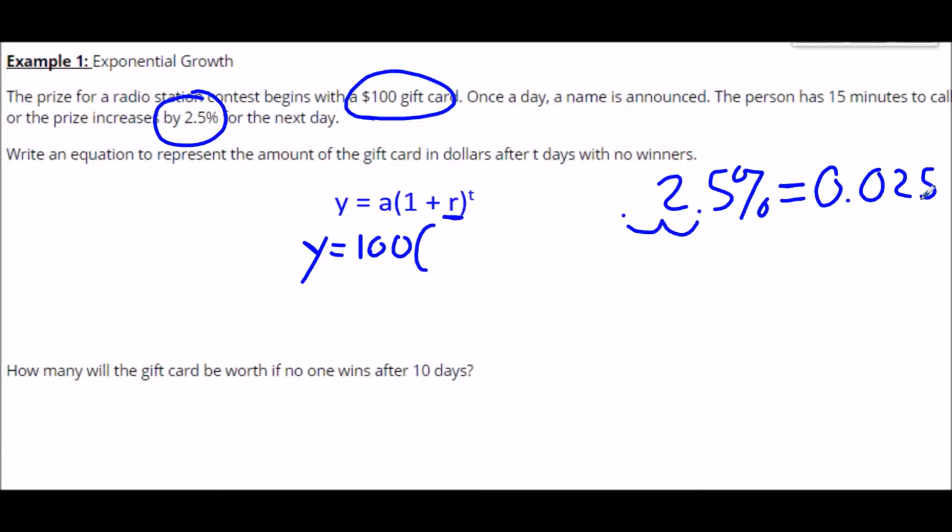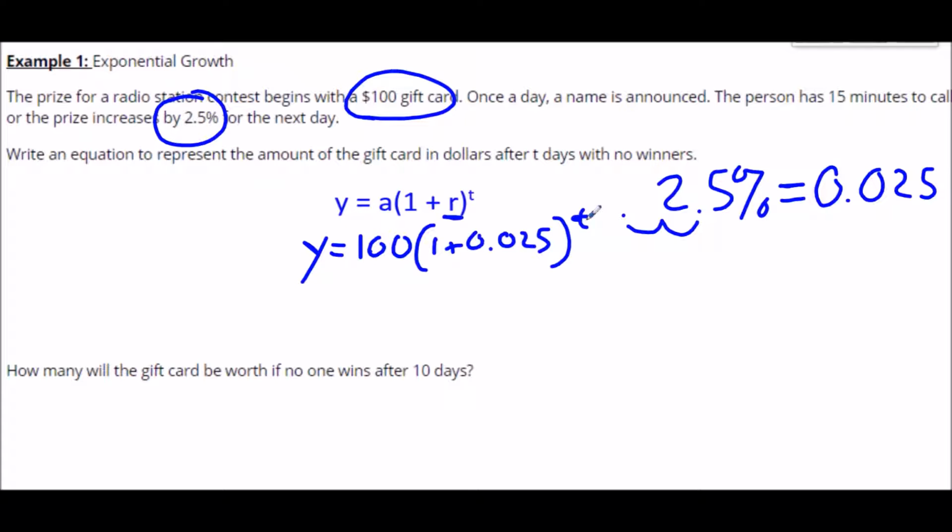With our rate now determined, we can plug that into our equation, 1 plus our rate of 0.025, and we're going to leave t here to represent the time or number of days with no winners. We can also clean this up a little bit.